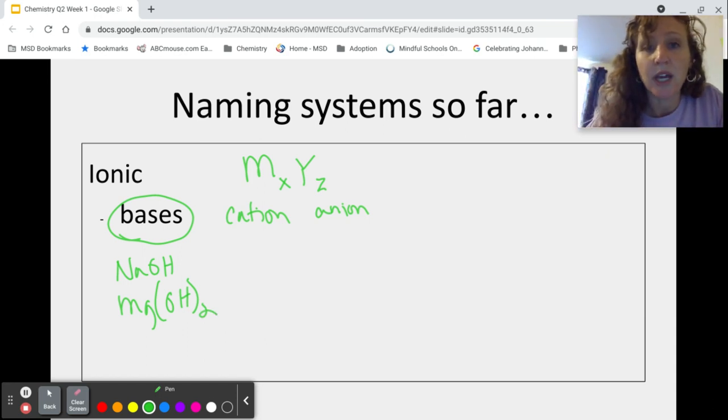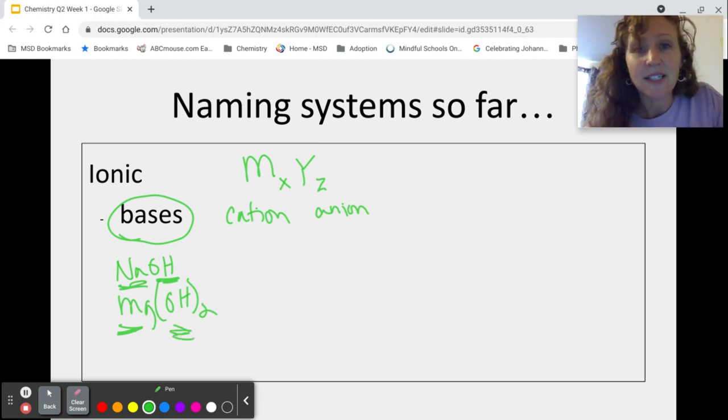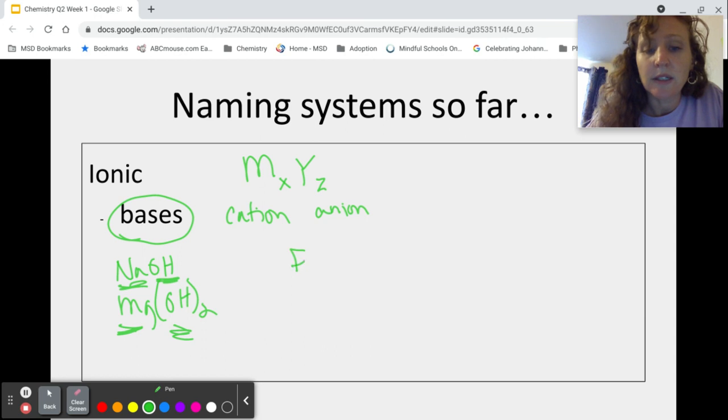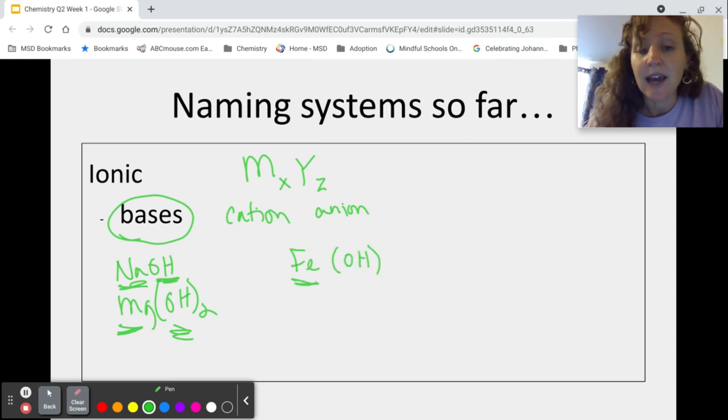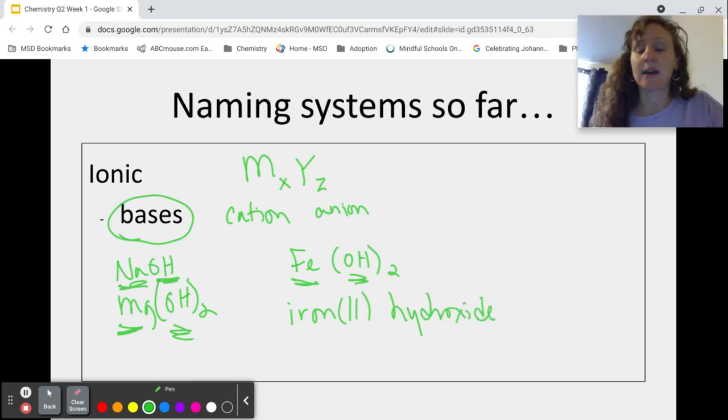So in both cases, we would name the cation, then the anion: sodium hydroxide, magnesium hydroxide. If we had one that included iron, we would name the cation, which in this case is iron 2, and then we would name the anion, hydroxide. So all ionic compounds are named like this.